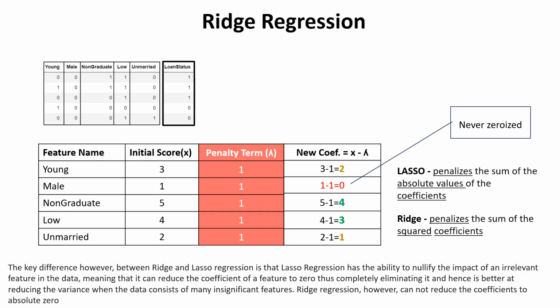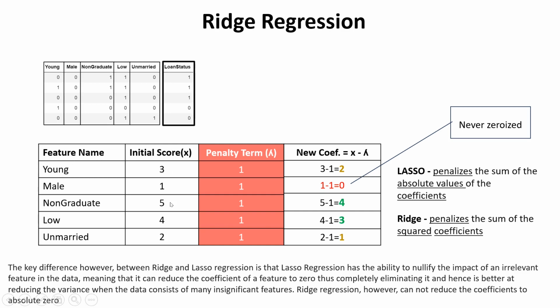Lasso regression zeroes out the coefficient, whereas ridge regression gives you a value which can be close to 0, but mostly it doesn't give the coefficient as 0. Why does this happen? Lasso regression penalizes the absolute value of the coefficients.